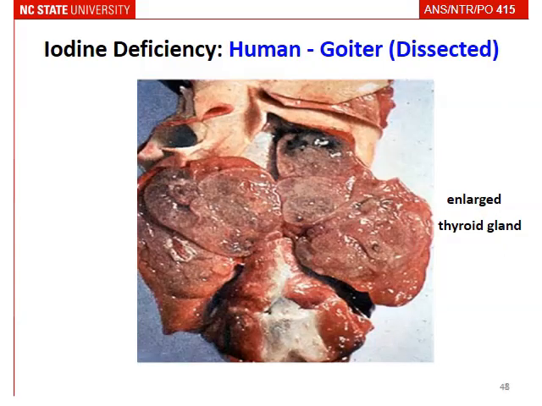Here we have a picture of iodine deficiency. Again, this is the goiter, the thyroid gland that was dissected out of an individual's neck, and you can see how large it is, taking up the majority of the neck portion. The lack of iodine is stimulating this gland to become much bigger.